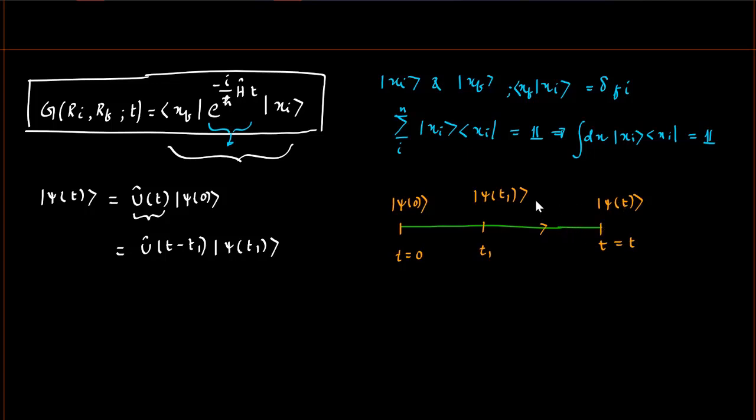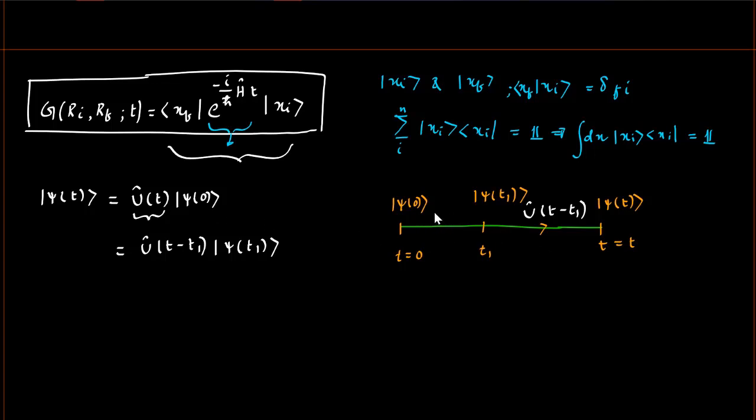So if we trace back, and we operate one more evolution operator on this state, then we'll get this state, right? So I can also write this expression like this, but here we operated the evolution operator U of t minus t1. Okay, t minus t1 is just a time difference, like in this case t minus t0.